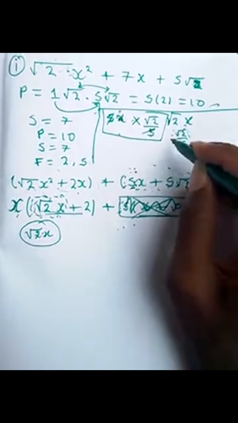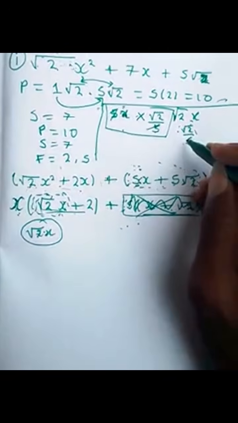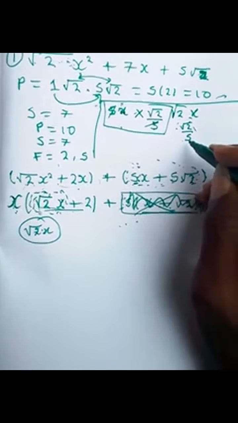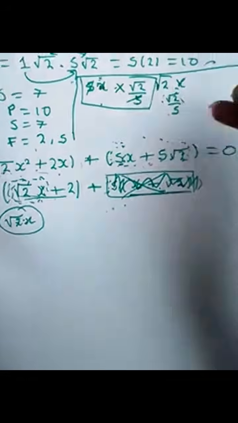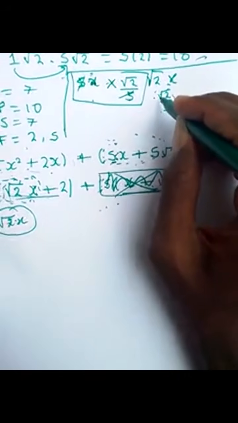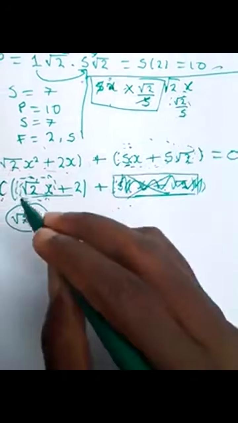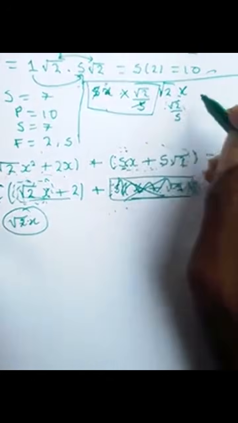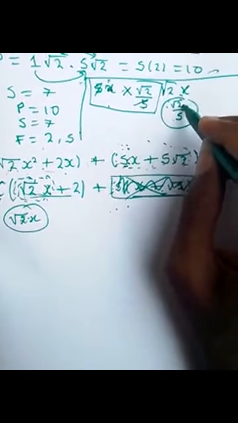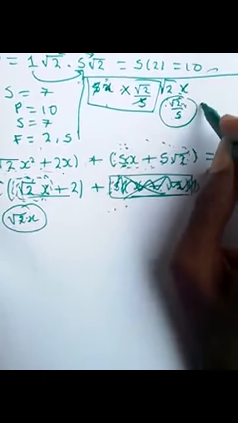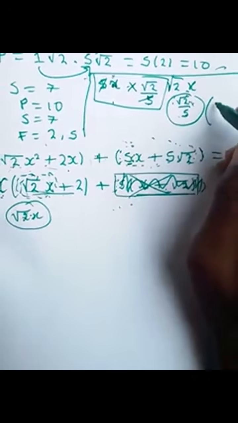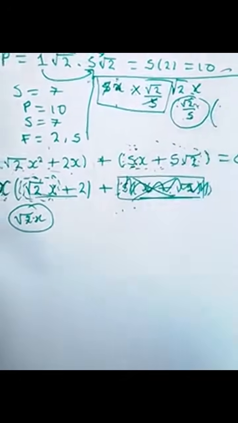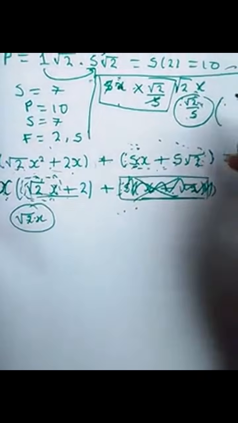So now, to write the value that's going to be outside, for me to write my final value that will be factored out, I'm going to swap their positions. 5 is going to be on the numerator, and this one is going to be on the denominator.